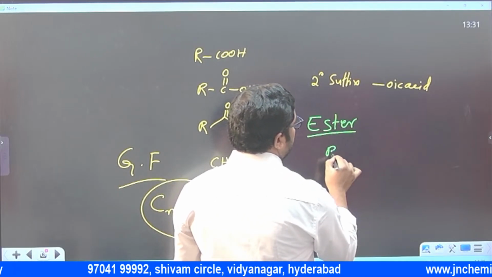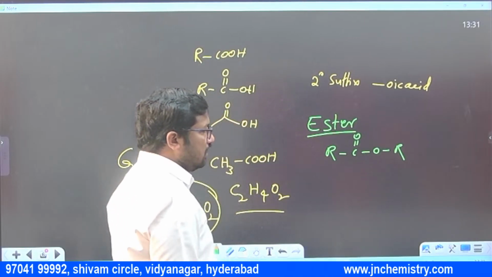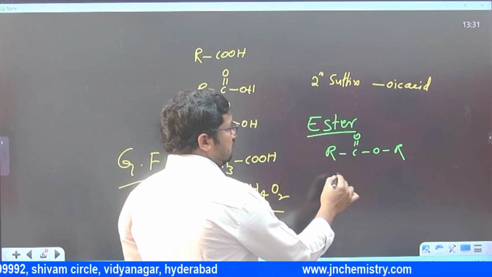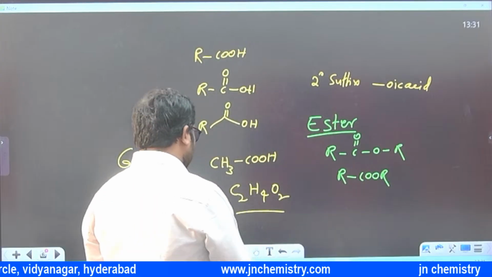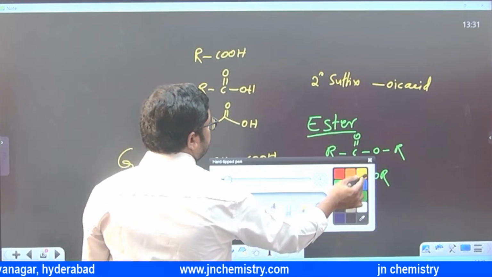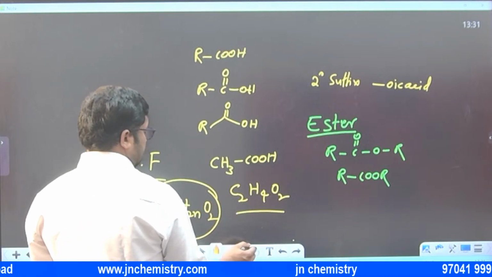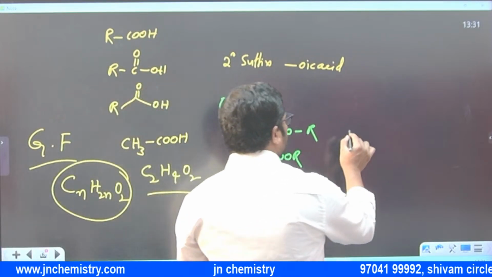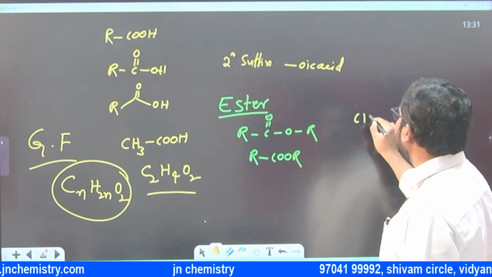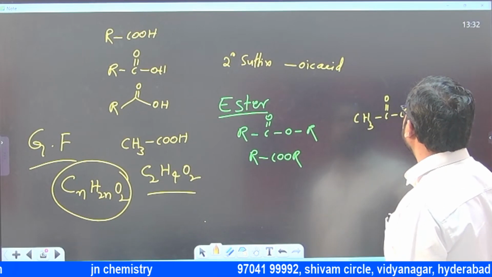Ester, or C double bond OR, or we can write RCOOR. So just write the general formula for ester. I told you CH3, for example, C double bond OCH3, the smallest compound which I took.